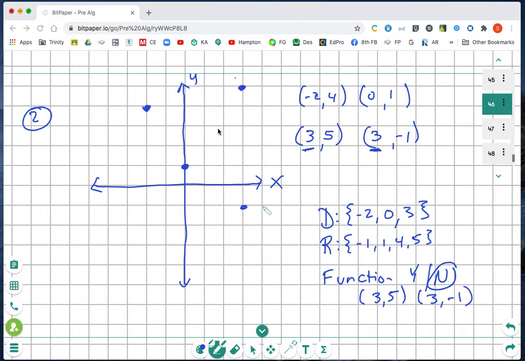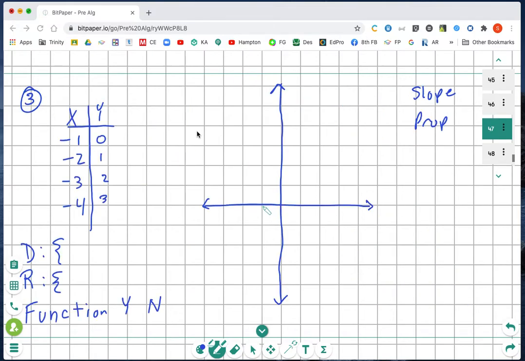I can also do the vertical line test. With the vertical line test, I can sketch a vertical line that only touches one point, but when I sketch this vertical line, it touches 2 points. And so that again tells me that it's not a function.